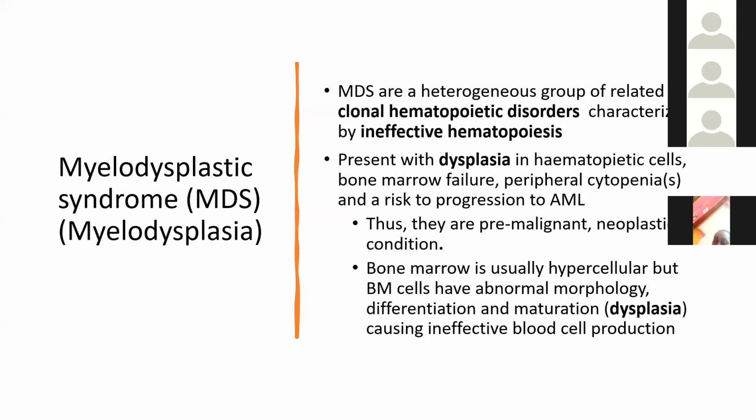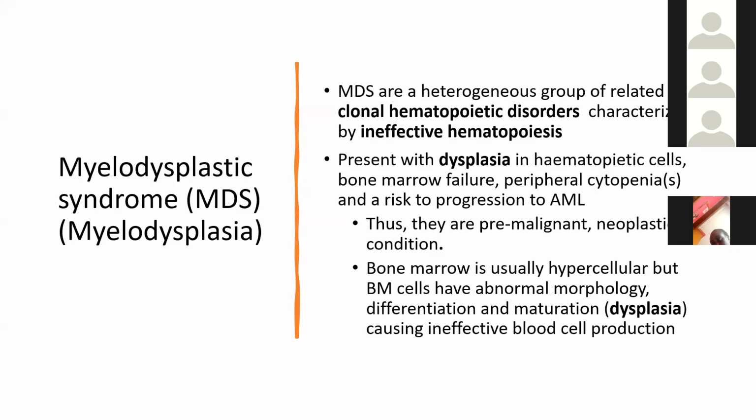And actually, it is a neoplastic condition in that there's this proliferation, which is not under any of the normal control mechanisms that regulate hematopoiesis. So it is pre-malignant and it is also a neoplastic condition. The bone marrow is usually hypercellular. So this is in contrast to aplastic anemia. In aplastic anemia, your marrow precursors are normal, but they're very few.